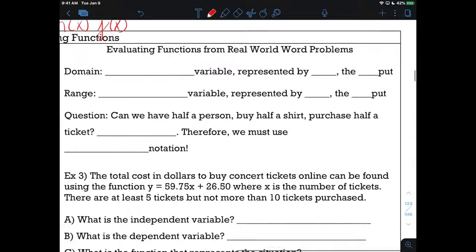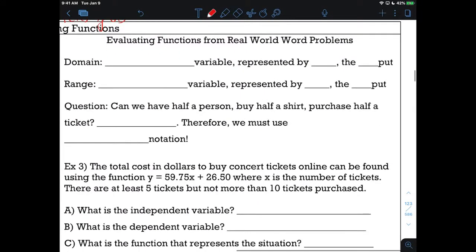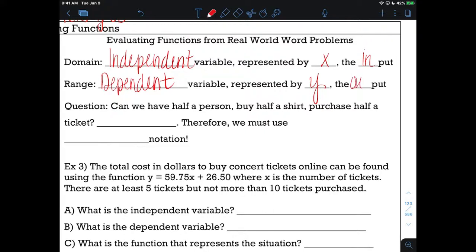So now, all that's nice and dandy, but let's talk about how we deal with this whenever it comes to real world problems, okay? So, first of all, my domain is obviously my independent variable, represented by x, and also referred to as my input. My range is my dependent variable, which is represented by y, and the output.